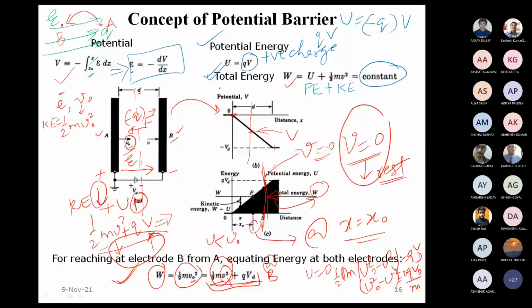So it will appear as if this charged particle is coming back after reflection, after colliding with a kind of wall. That virtual wall we call a potential barrier, from where the charged particle is rebounding or coming back. It is not able to cross it if its kinetic energy is less.